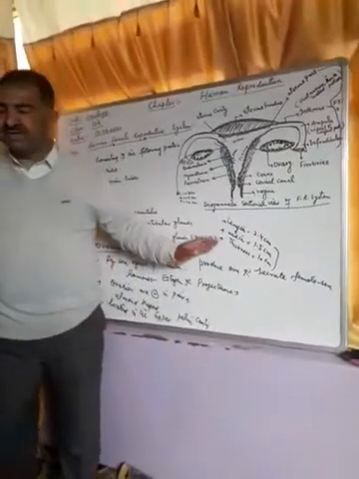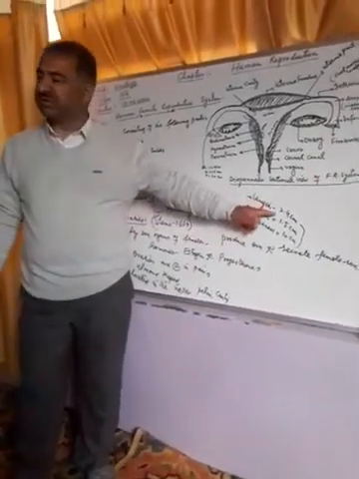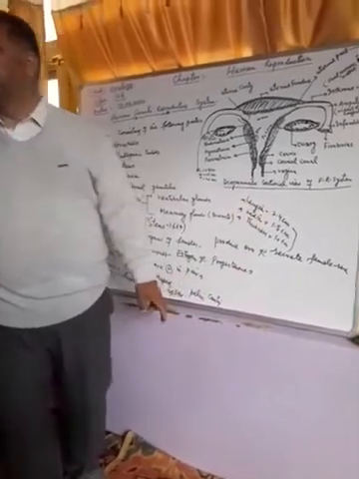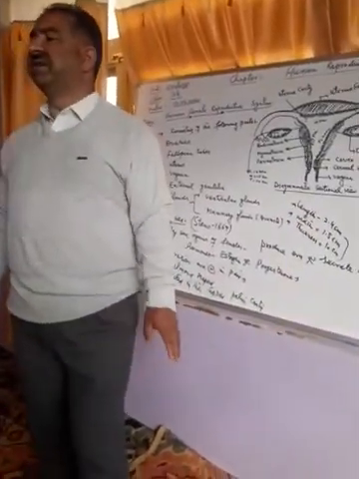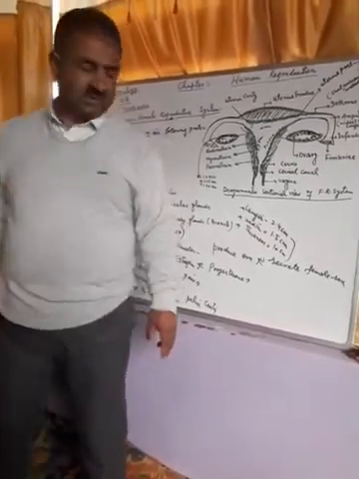This was about the dimensions of the ovaries: length 2.4 centimeter, width 1.5 centimeter, and thickness 1.0 centimeter.